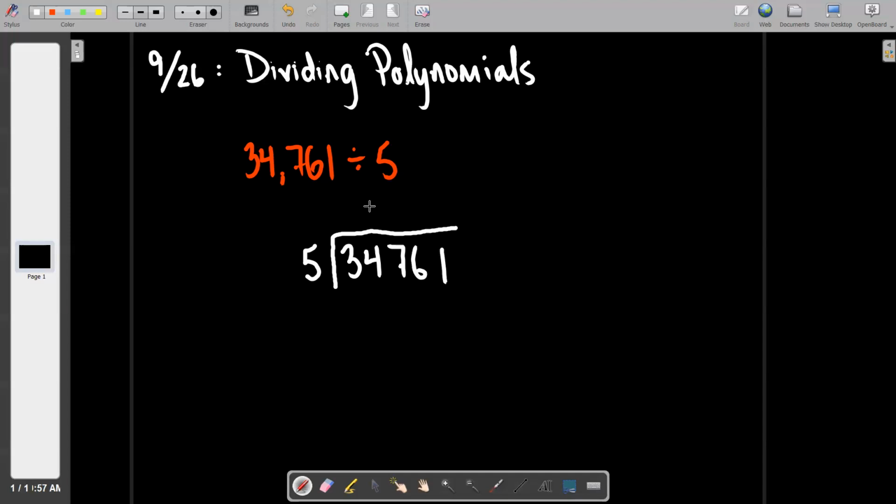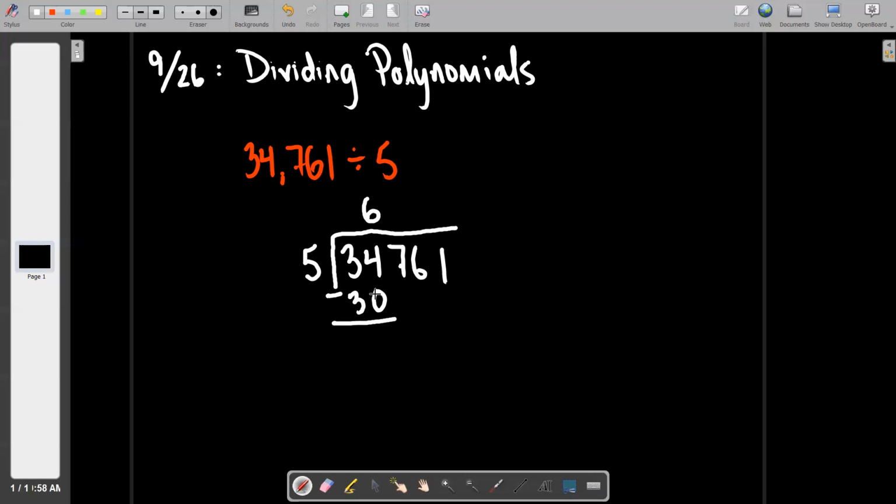How many times? So we're going to put 6 right here. I'm not going to skip any steps here, so don't speed race me, okay? The next step in the algorithm, as you know, is to multiply what you put up on top by the divisor. And what is 6 times 5? So we put 30 here, and then the next step in the algorithm now is to subtract.